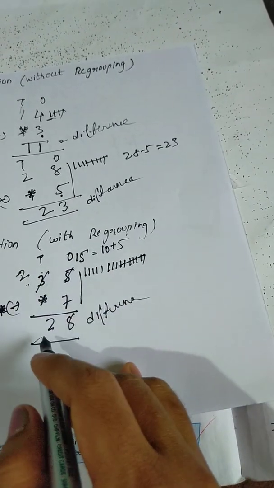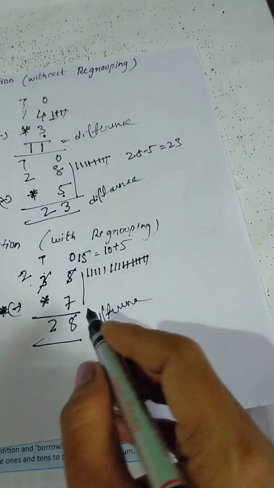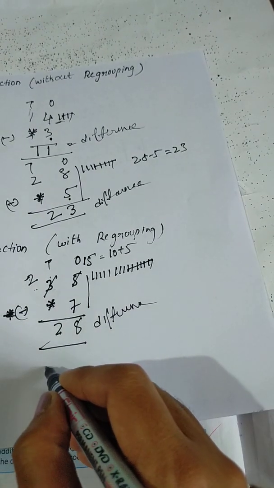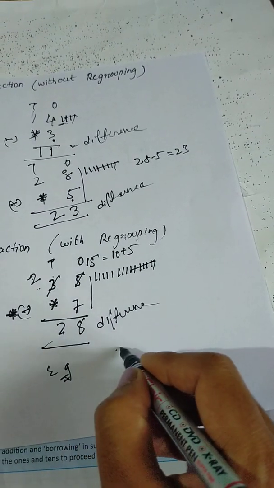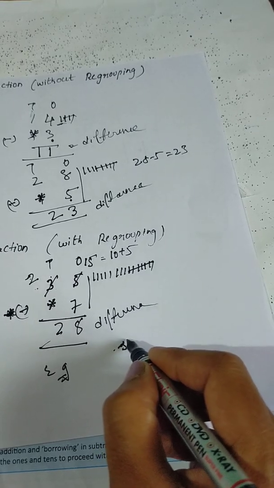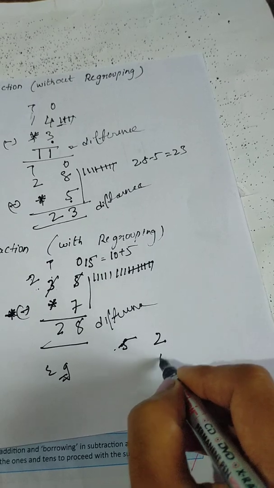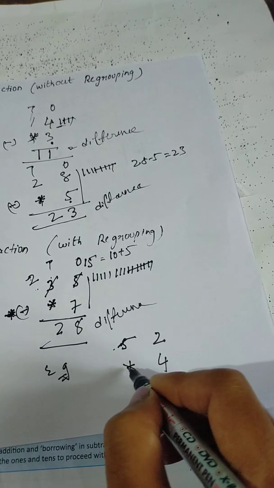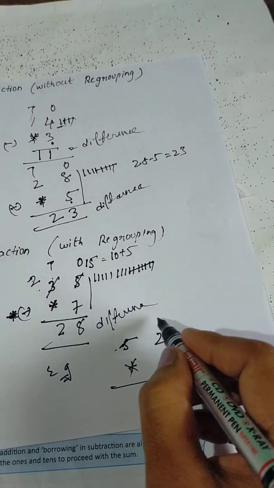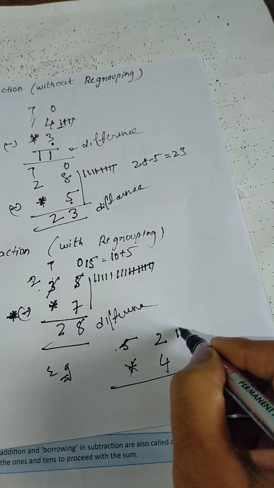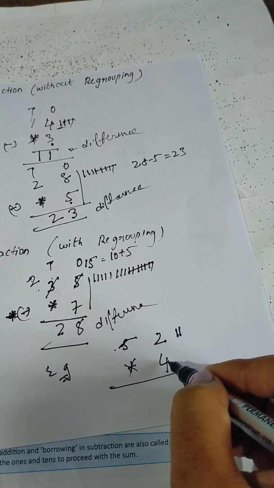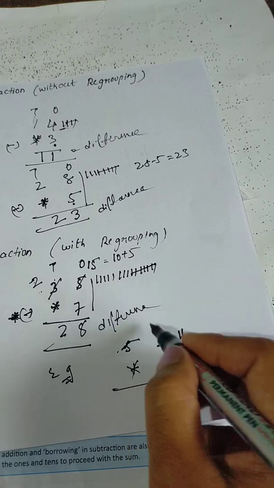I'll give you another example also. For example, 52 minus 4. Okay, draw that. 2 minus 4, is it possible? No. So take a 1.